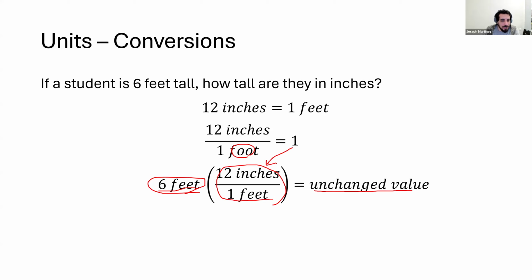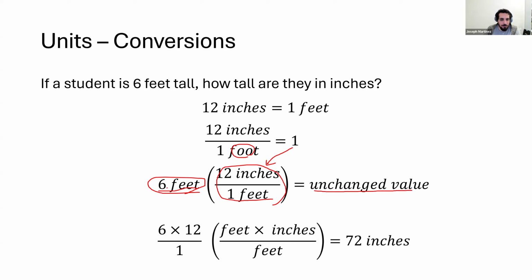So it still does not change the value, but what it does do is it gives us an interesting mathematical equation. What we can do next is take all of these numerical parts and the units and separate them out. And when we do that, we have 6 times 12 divided by 1. These are all the numerical parts. And then we have the unit parts over here. And in our unit parts, we have feet on top, we have feet on the bottom.